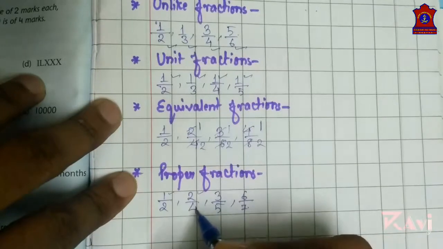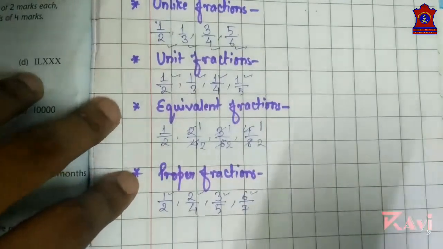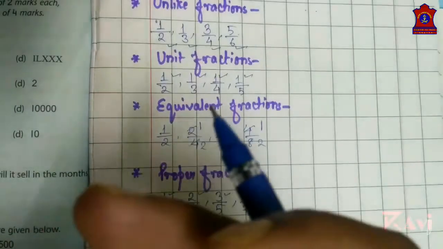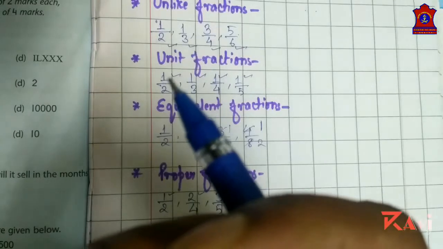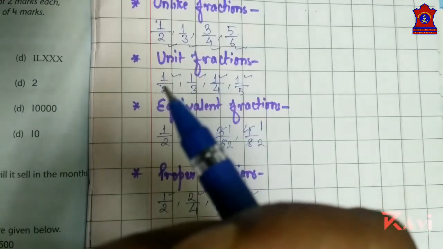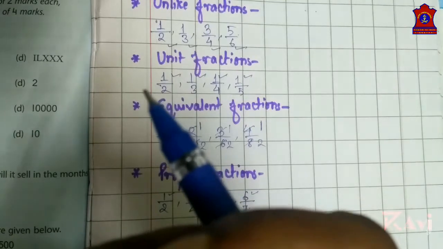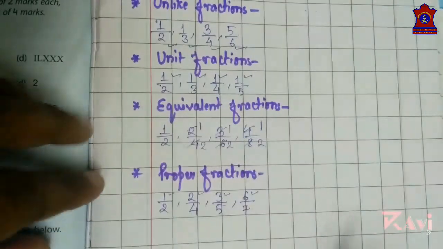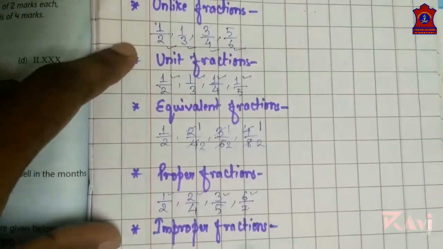These numerators are less than their denominators. When the numerator is less than its denominator, we call this a proper fraction. In a proper fraction, the numerator is less than the denominator. Clear?